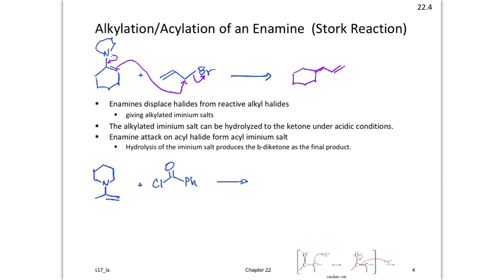The new bond is right here, and then our nitrogen will have a double bond to it, and it will be an iminium salt. And we can work that up with H3O plus and return to the keto form. So we've done an alpha substitution with an enamine.